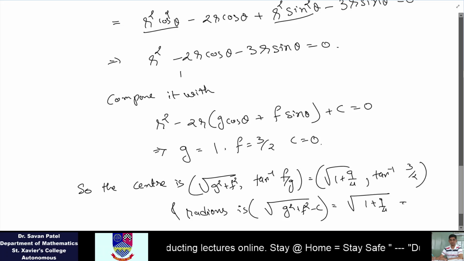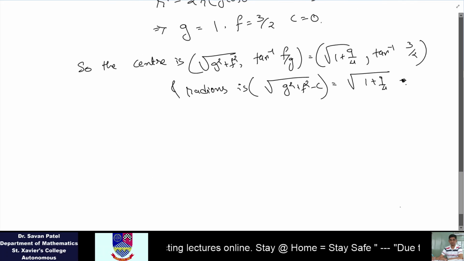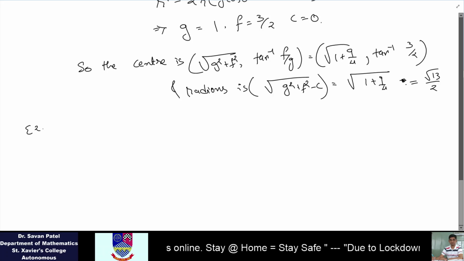Now this is your radius. You can write it as square root of 13 by 2. So we have solved the first problem.